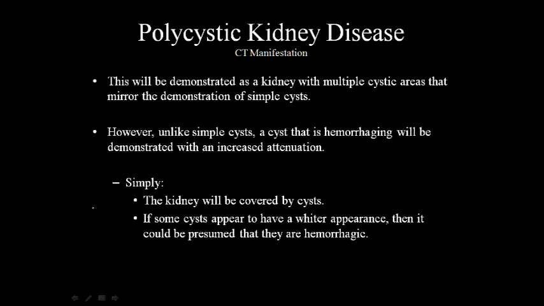So basically, what it looks like on CT is that there's going to be the kidney demonstrated with multiple cystic areas that mirror the demonstration of simple cysts. So they're going to look like the cysts that we previously saw, only that there's going to be lots of them. However, unlike a simple cyst, a cyst that is hemorrhaging will be demonstrated with an increased attenuation.